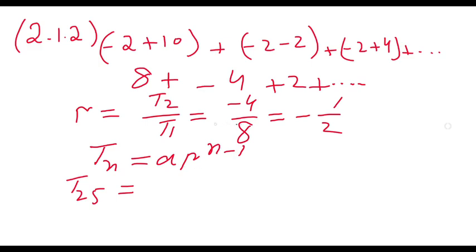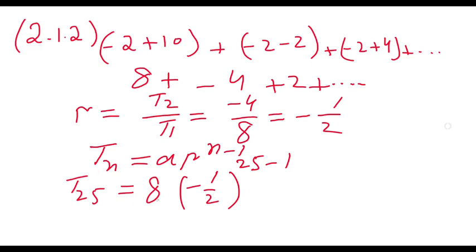So the first term we have 8. The ratio we got negative 1 over 2. The power is n, we got 25 minus 1.